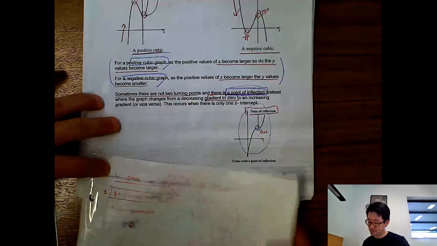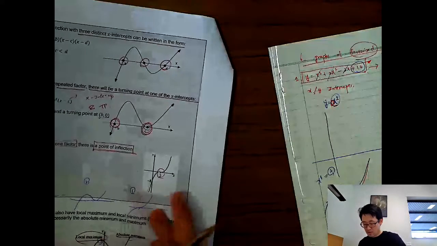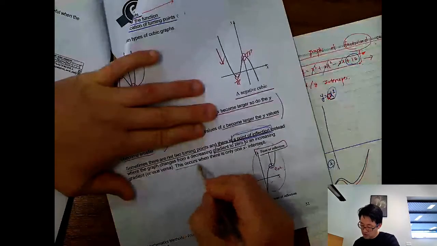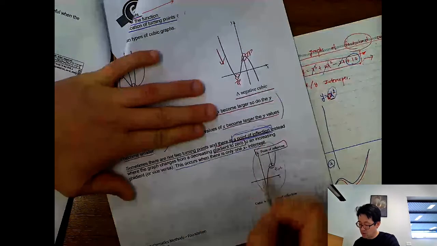Yeah. And we'll underline that this occurs when there is only one x-intercept, which I will talk about. Only one x-intercept here.